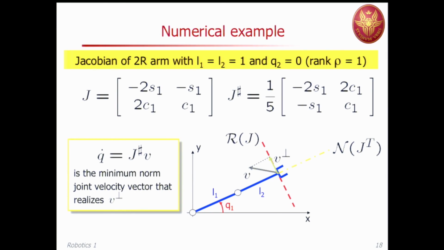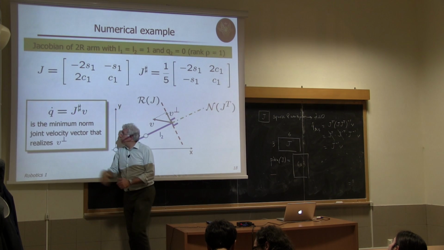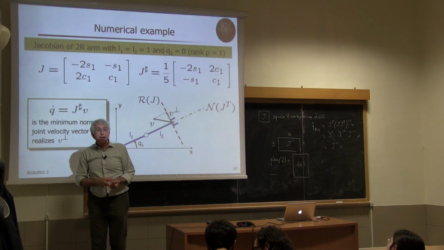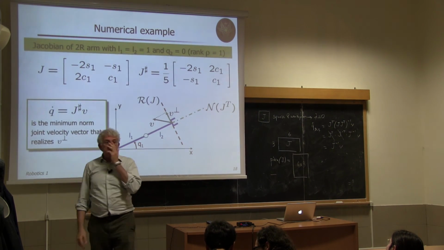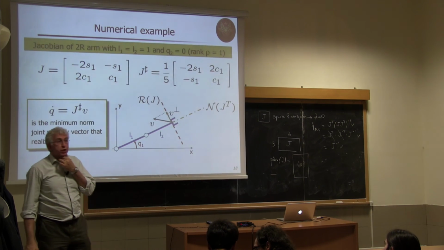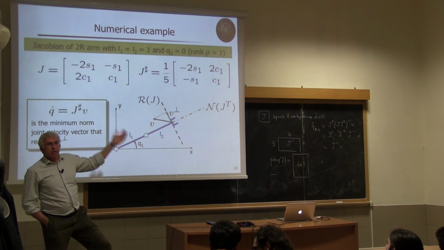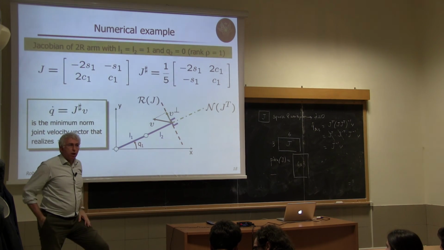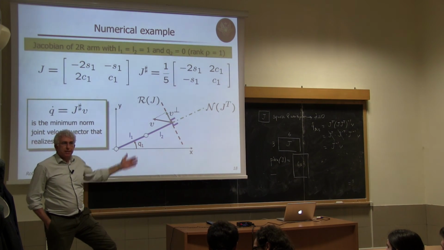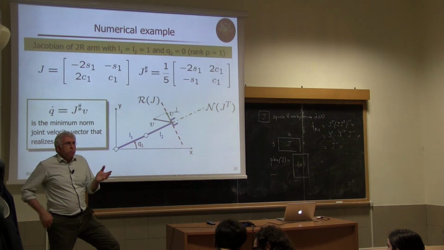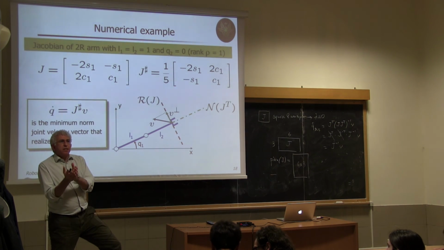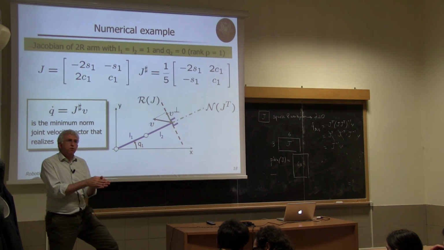And we close with this comment. Suppose that you generate this, and this is the minimum norm joint velocity that realizes the orthogonal projection of V in the range of J. Now we understand why we computed the range and the null space of the Jacobian last time, because now we have to determine if a desired velocity vector is in the range of J or not.